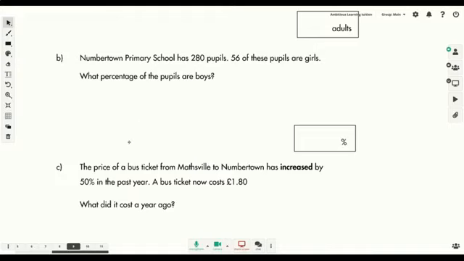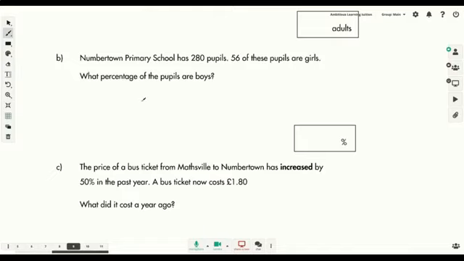The next one: Newertown Primary School has 280 pupils, 56 of them are girls. What percentage are boys? So you need to find out the percentage of boys. That was an easy one. Try doing it. I'll give you a second to do it and I'll tell you the answer in a second. Okay, let's do it now.